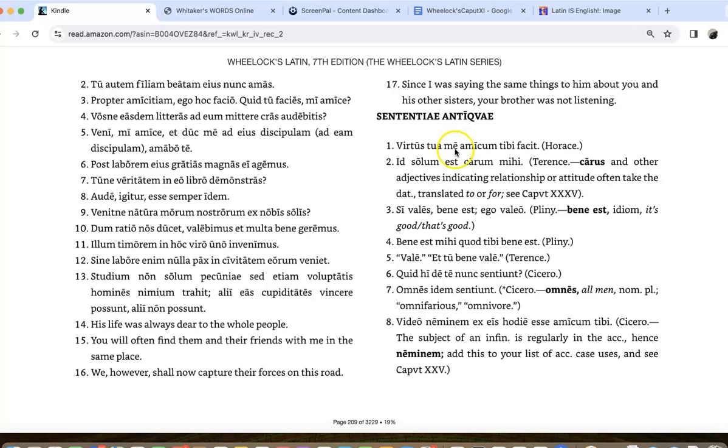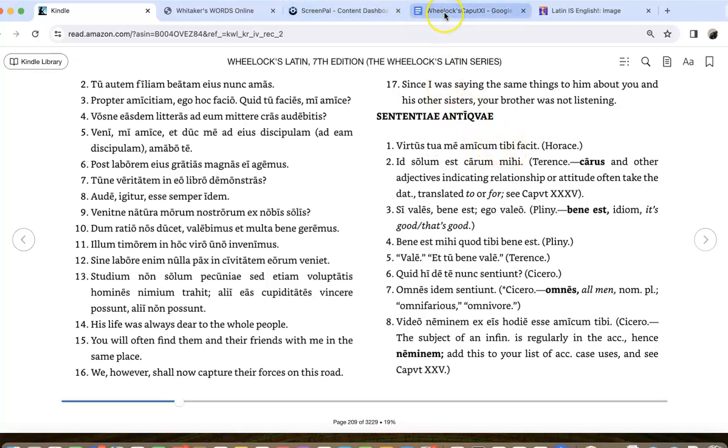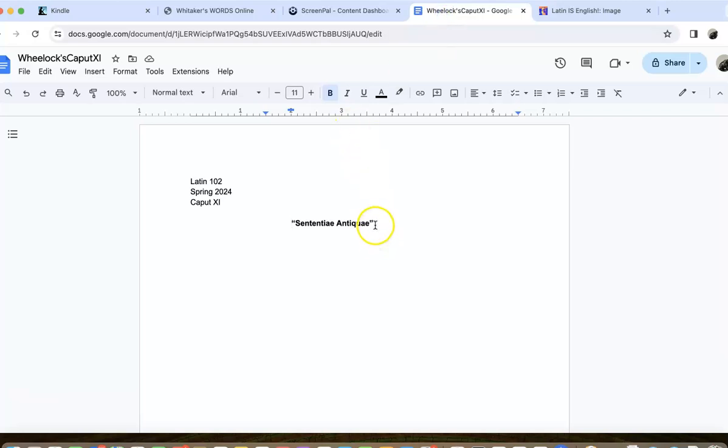Notice how in English you might often say that I am your friend because you are a good person, which certainly is the sense of it, but I would probably keep it more literal. So I'm going to say your virtue makes me a friend to you, a friend of yours, because tibi, as you can see in the charts, is in the dative.